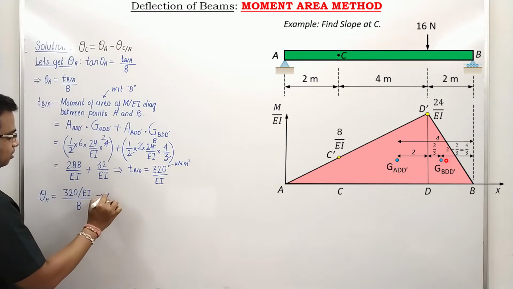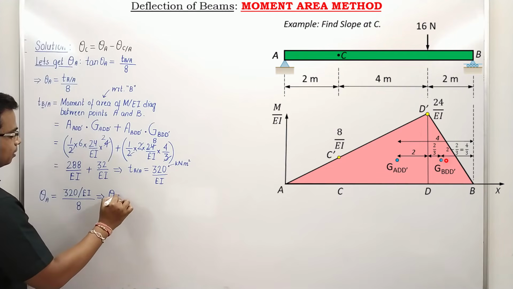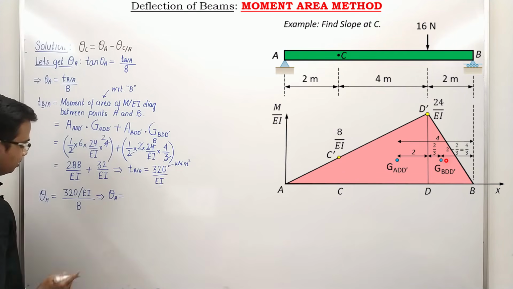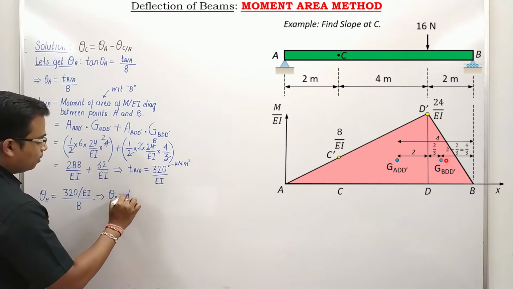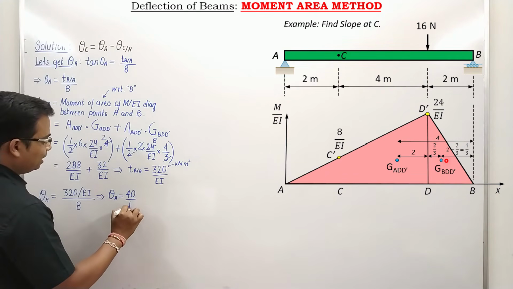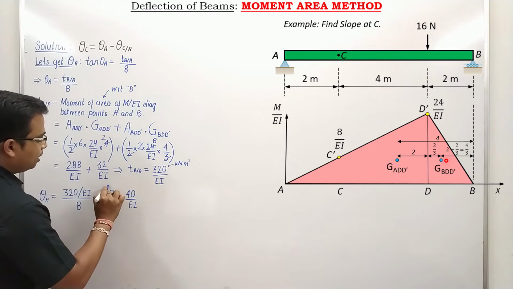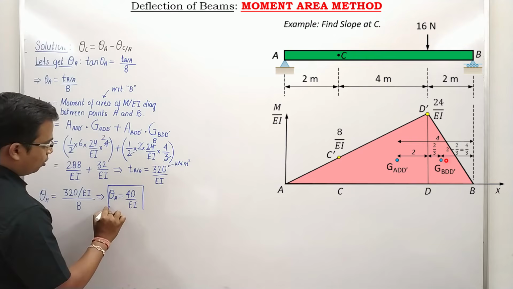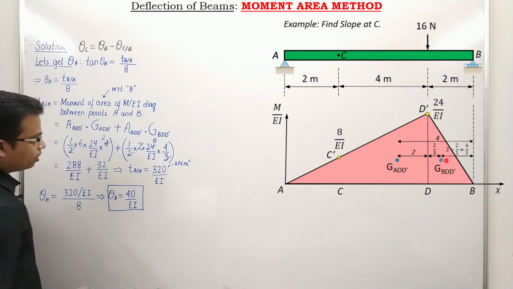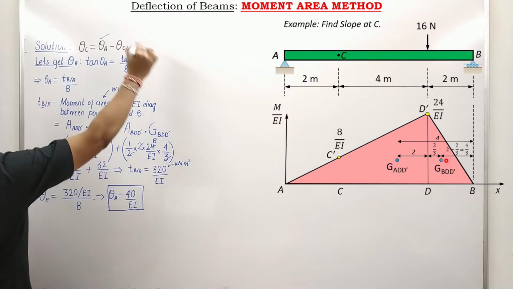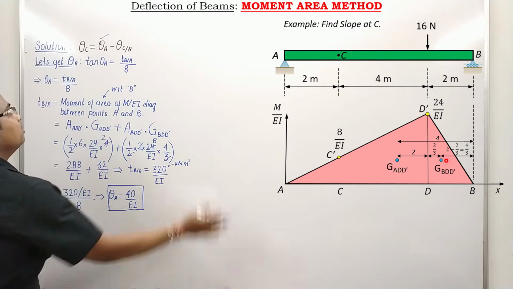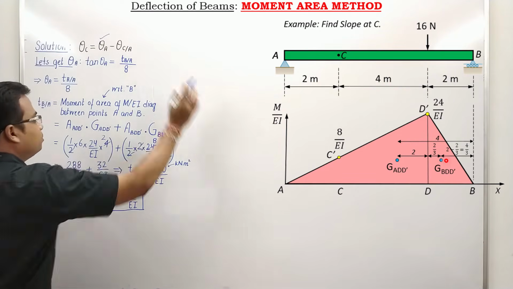So theta A is equal to 40 over EI. Done. Theta A conquered. Now all you need to worry about is the calculation of theta C2A.